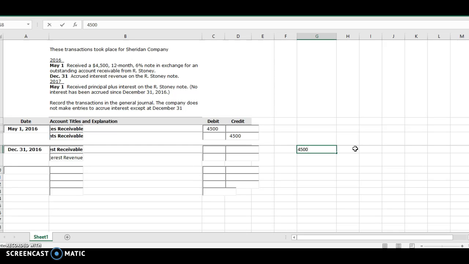Let's go ahead and use Excel's fancy features. $4,500 note times 6%, 0.06, times 8 months out of a 12-month year, which will get us 180, which is a much cleaner number than 7 divided by 12. So then interest receivable of $180 is debited to interest receivable and credited to interest revenue.